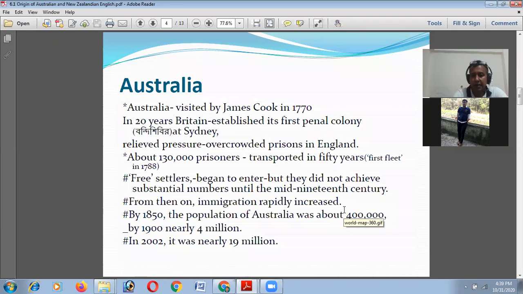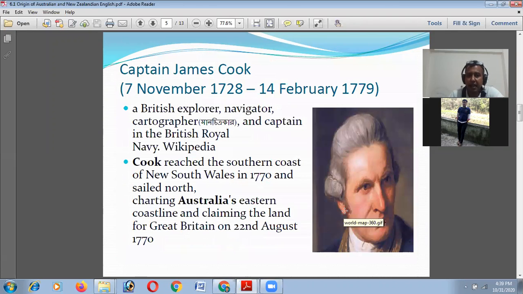And a man, his name is Captain James Cook. He is a British explorer, navigator, and cartographer, and captain in the British Royal Navy. Cook reached the southern coast of New South Wales in 1770 and sailed north, charting Australia's eastern coastline and claiming the land for Great Britain on 22nd August 1770.